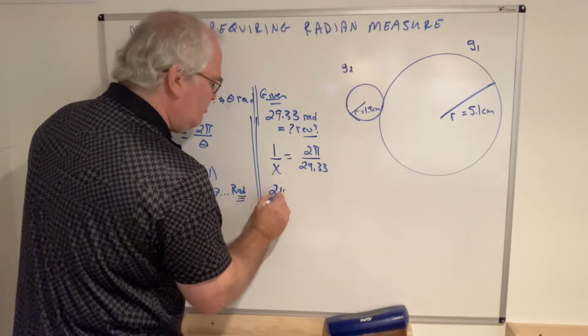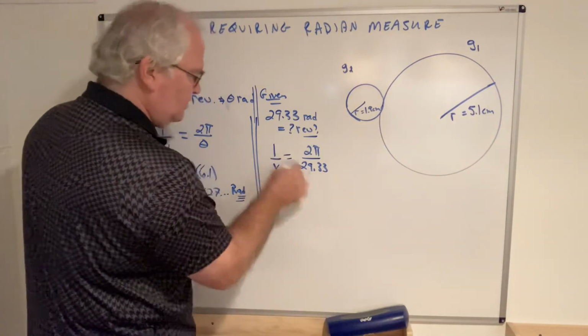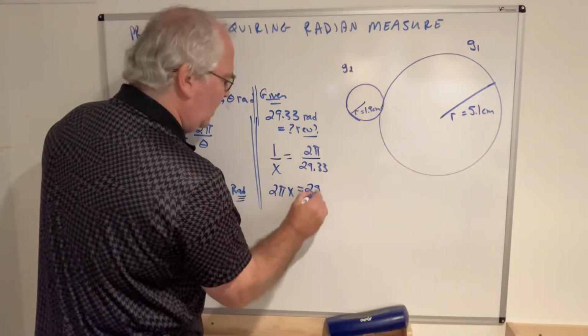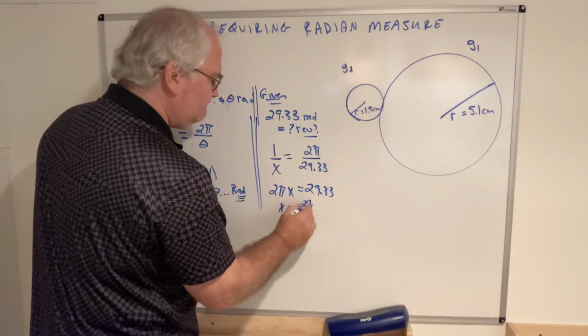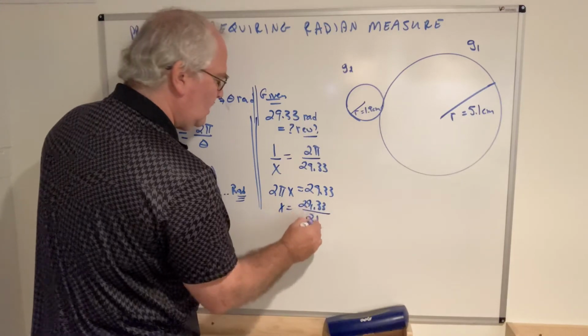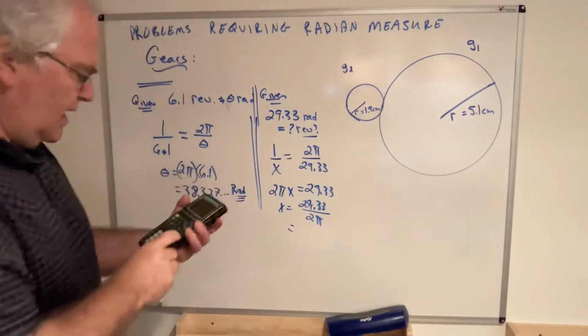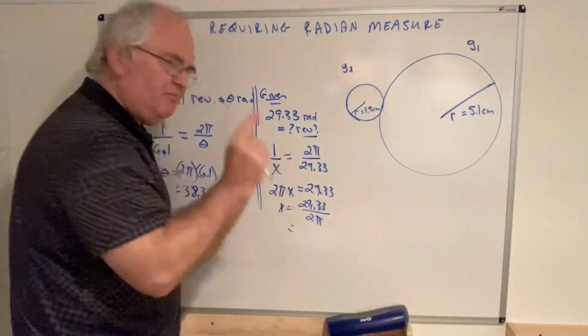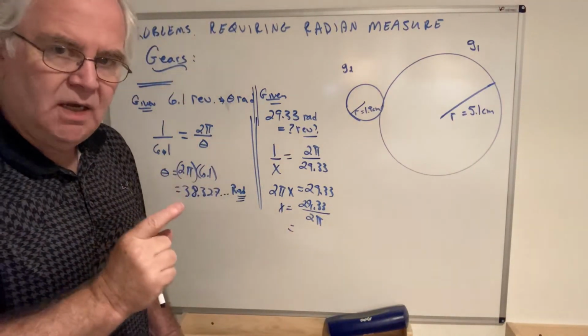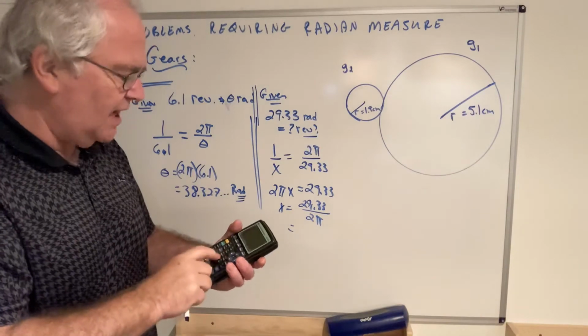So now I get 2 pi times x is equal to 29.33. Divide both sides by 2 pi. And what am I going to get? Now, I want to do this specifically because of this reason. I'm going to do this wrong, and you're going to see. It's hard to see, I know, but I'm going to say what I'm doing.